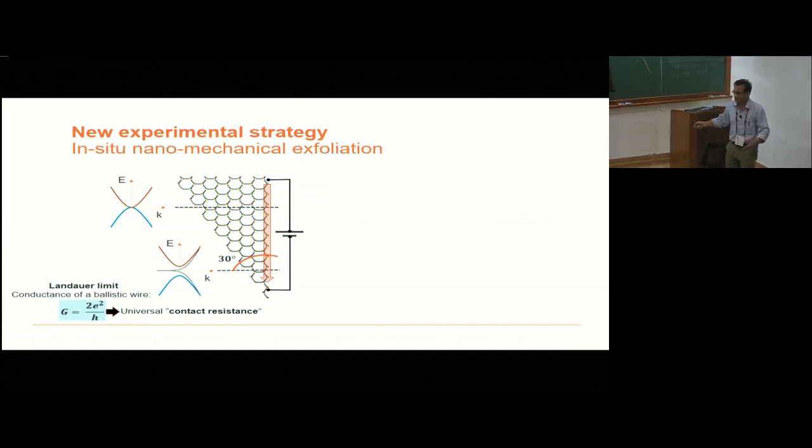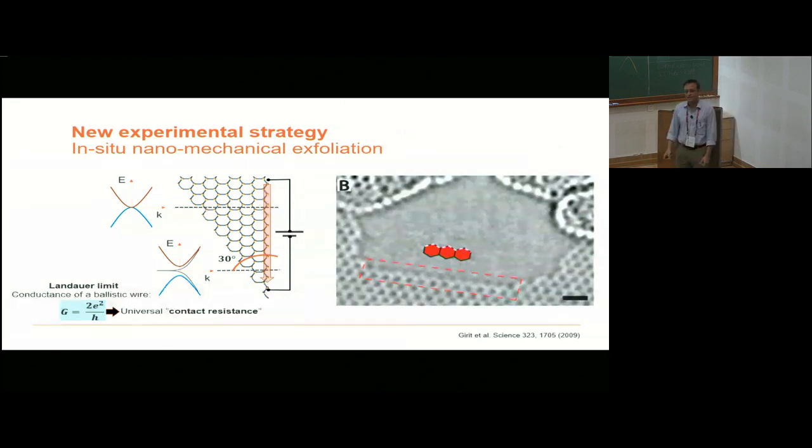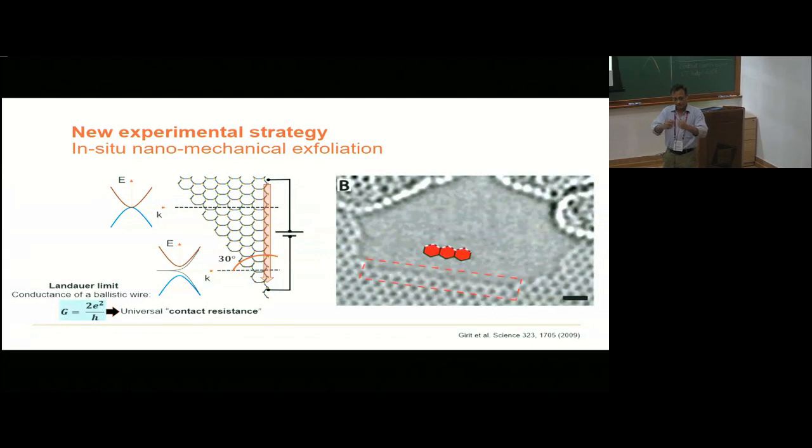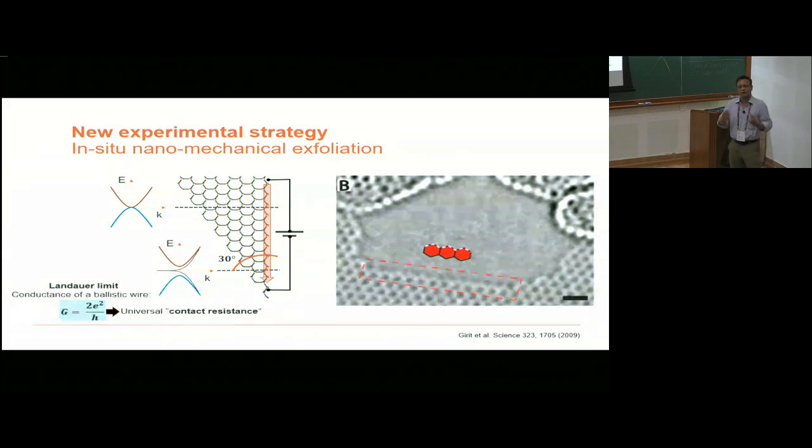So how do we create edges or wedges like this, which has exactly 30-degree angle along the graphene length? Turns out that we don't have to do anything, and it's Mother Nature which allows you to do this. If you simply take a layer of graphene and physically tear it apart, it turns out that in most graphene cases, the tearing happens along crystallographically symmetric orientations of facets.